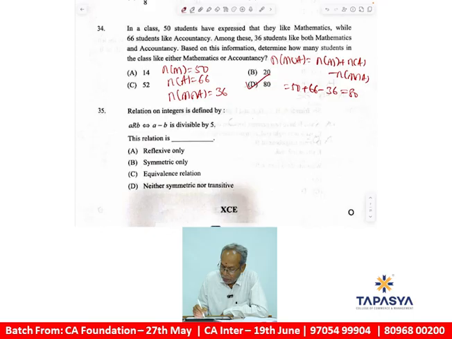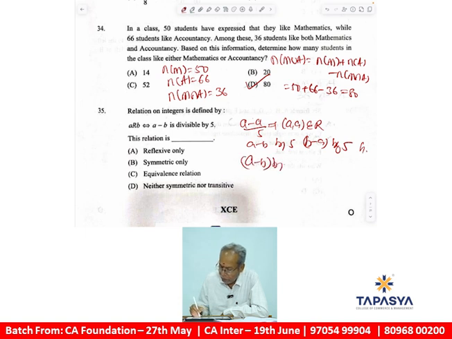Here a minus a is divisible by 5, and that clearly shows (a, a) belongs to R. It is reflexive. If a minus b is divisible by 5, b minus a is also divisible by 5. It is symmetric.